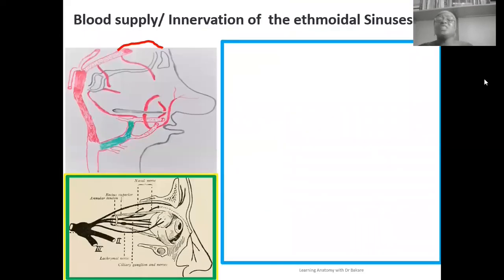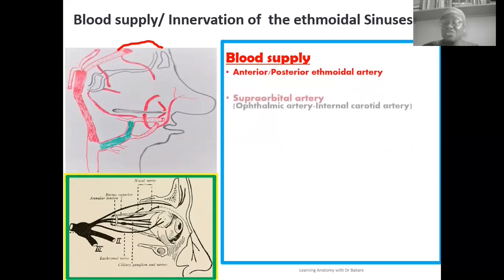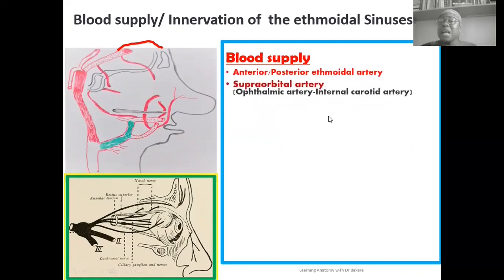So then going further on the blood supply and innervation, and also the lymphatics of the ethmoidal sinuses. The ethmoidal sinuses are supplied by the anterior and the posterior ethmoidal artery, and also the supraorbital artery. These three arteries are branches from the ophthalmic, which of course branches from the internal carotid artery. There we have the common carotid dividing into the external carotid and internal carotid.